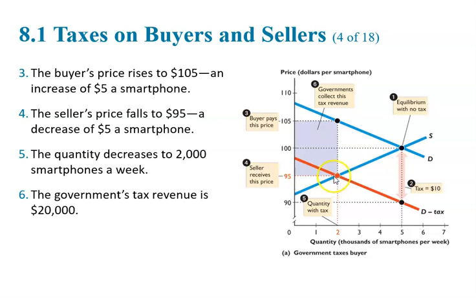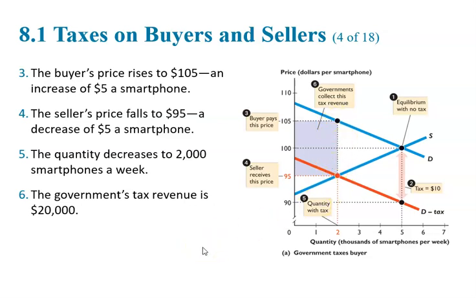There is an important distinction here, because the seller is receiving this $95, and this is what the consumer is willing to pay to the seller. But the consumer also has to pay this $10, because that goes to the government whenever a purchase of the smartphone is made.